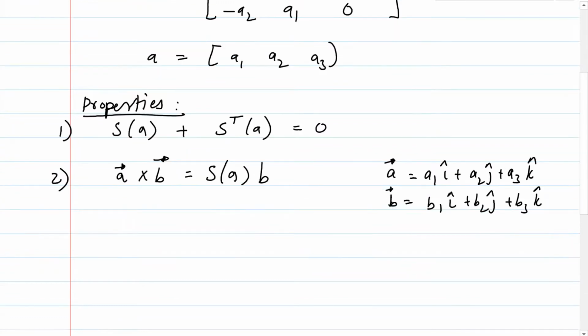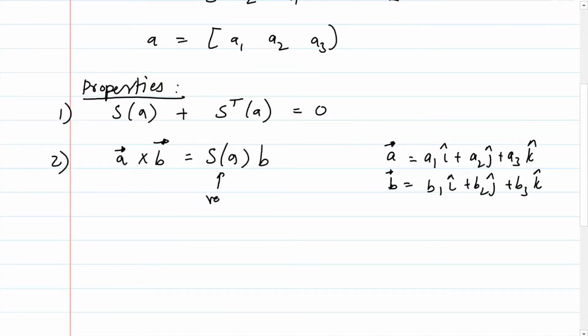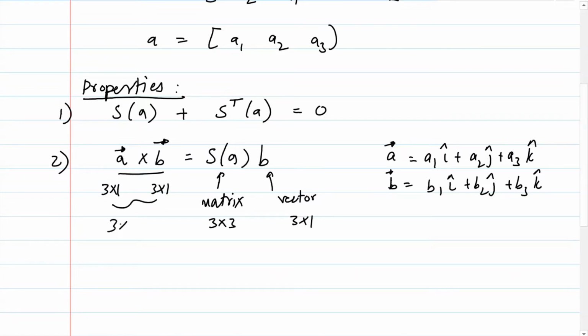Okay, so remember that this is a vector, this is a matrix, and this is a vector. This is 3 by 3, this is 3 by 1, and you're basically multiplying a vector. So the product here is going to be 3 by 1, because if you take the vector product of 2 vectors, you'll get a vector.